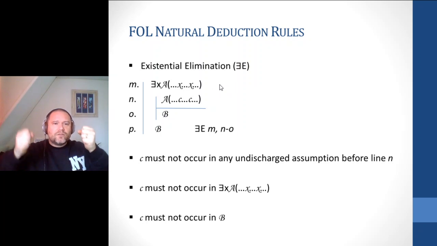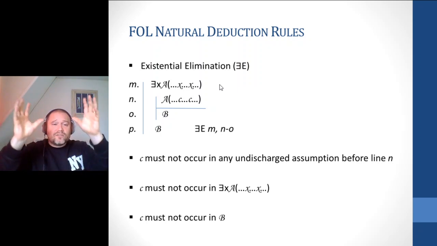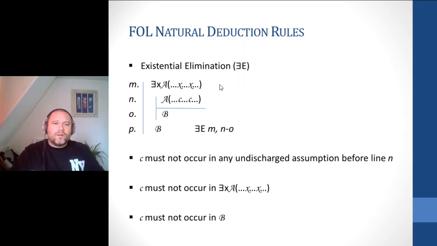We have a disjunction and we say, look, we don't really know exactly what's going to follow from it, but if we can start with this disjunct and get to this result, and start with this disjunct and get to this result, then we know no matter which way the disjunction is true, this is going to follow. In effect, what we're doing here is the same thing. We're saying, hey, we've got this existential, and it tells us there's something in the domain that satisfies our sentence.